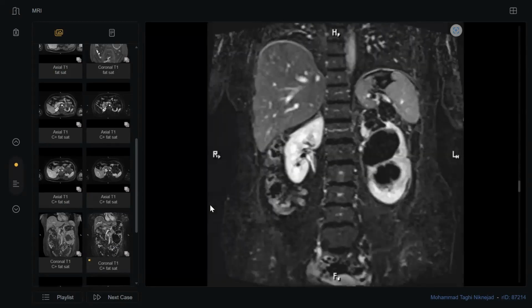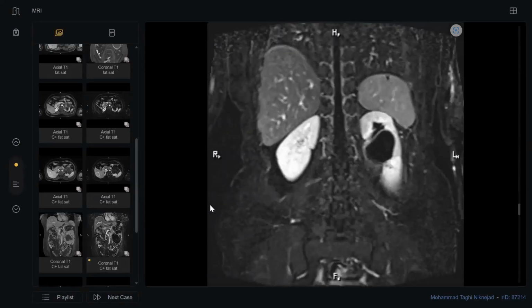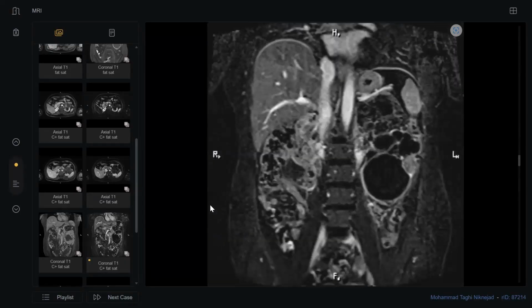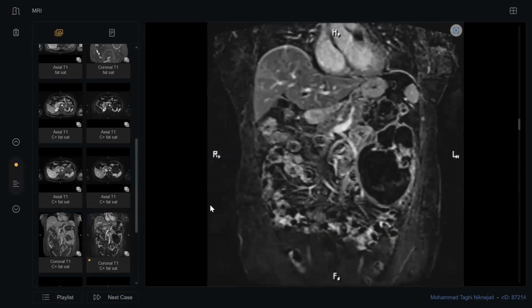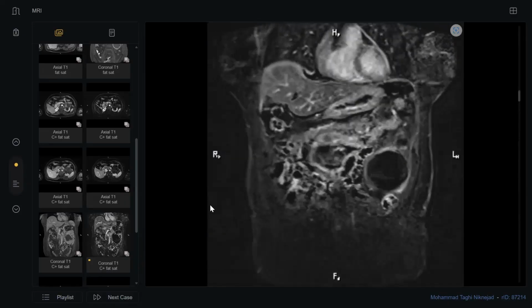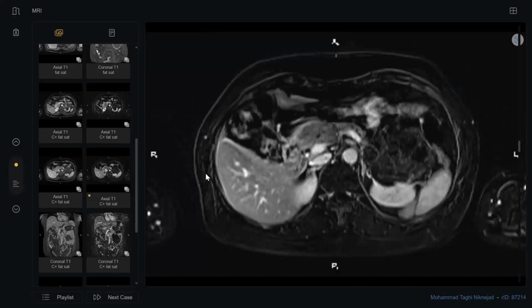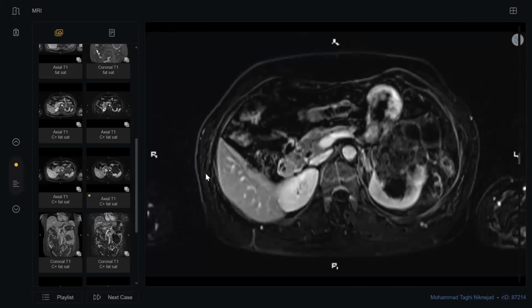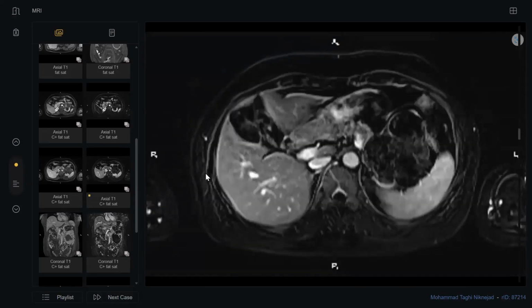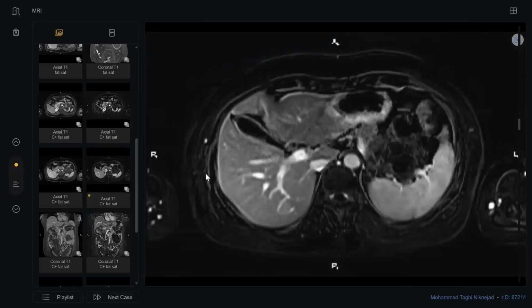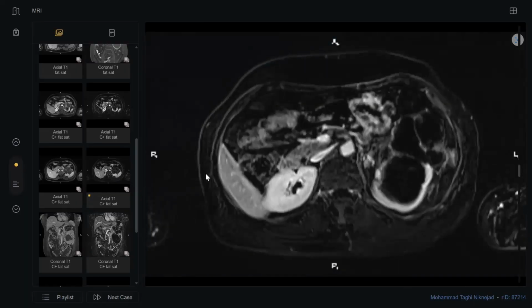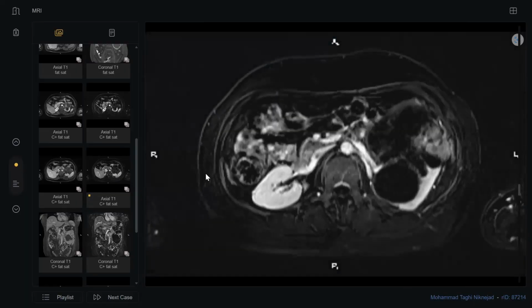This is an aggressive lesion, I think, arising from the left kidney. I'm suspecting a malignancy. Which type of malignancy? My first differential would be transitional cell carcinoma. Second differential would be endophytic renal cell carcinoma.